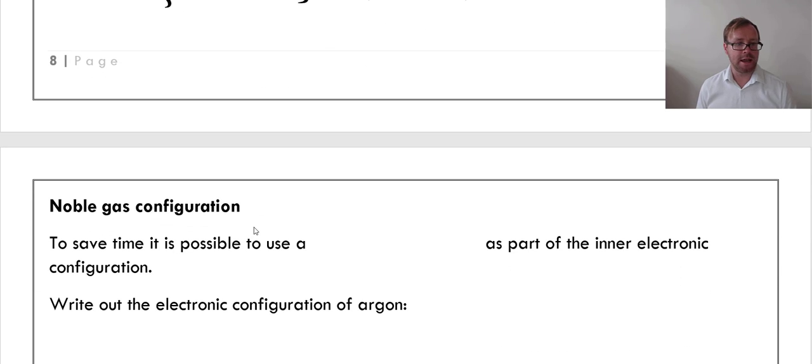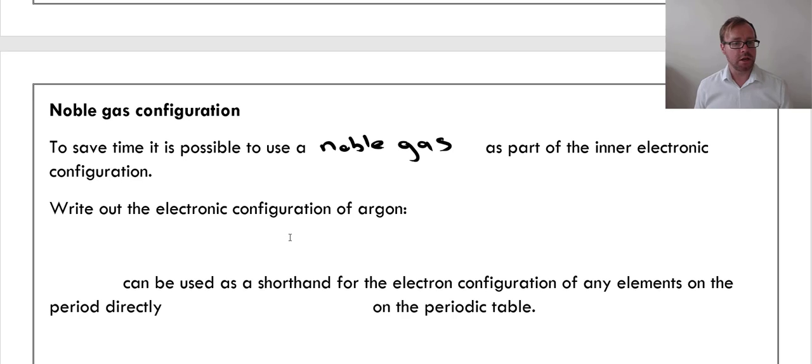Right, next, noble gas configuration. To save time, it is possible to use a noble gas as part of the inner electron configuration. So write out the electron configuration of argon. I'll give you a couple of minutes.